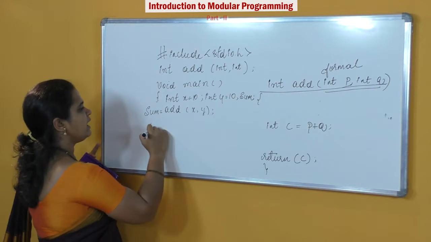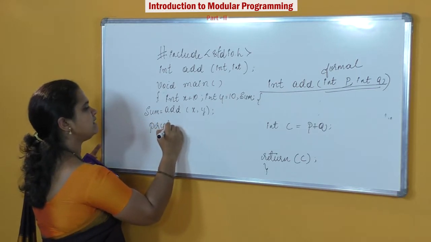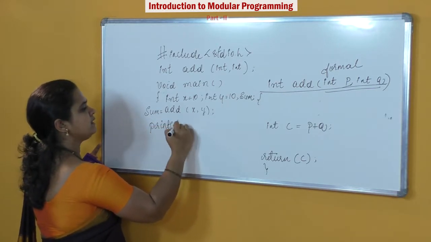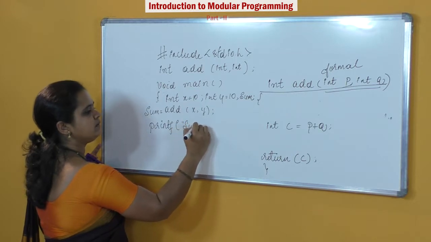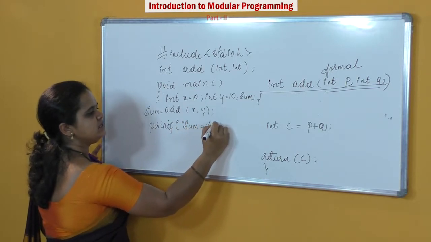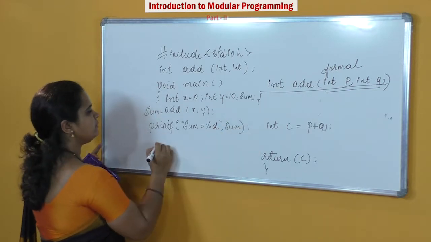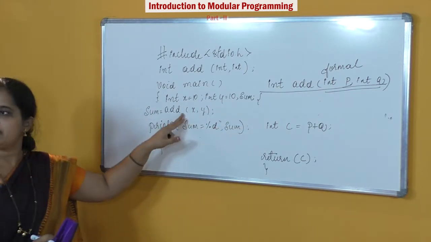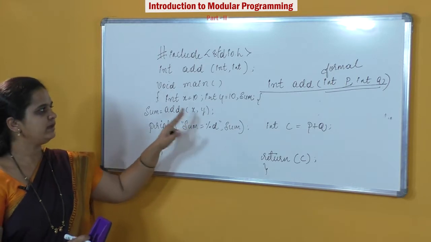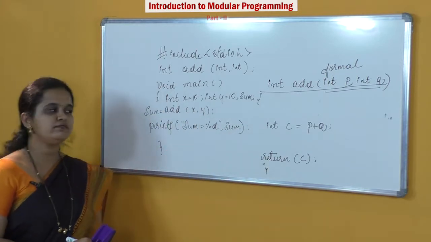So I have to write the print statement here, saying that the sum of two variables will be the %d, that is, the sum variable value. The sum variable value will have the added result of x and y which were sent to the function.